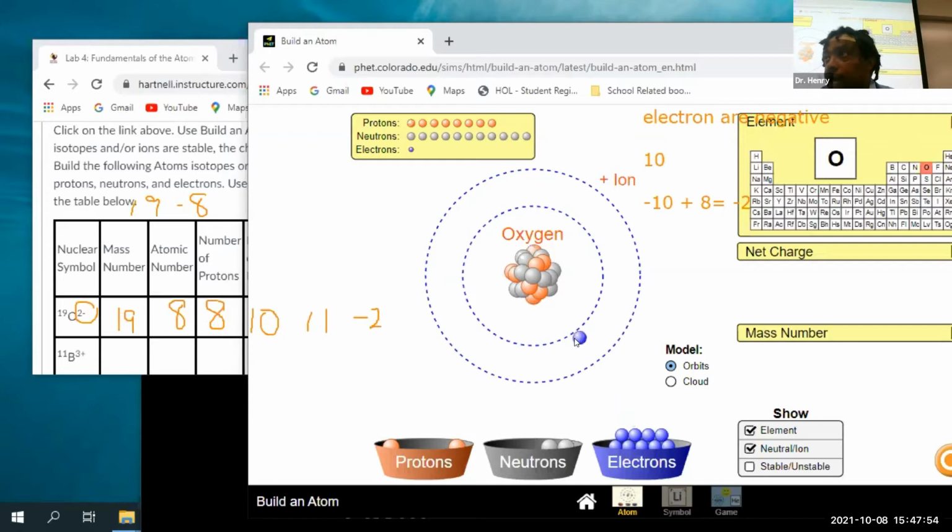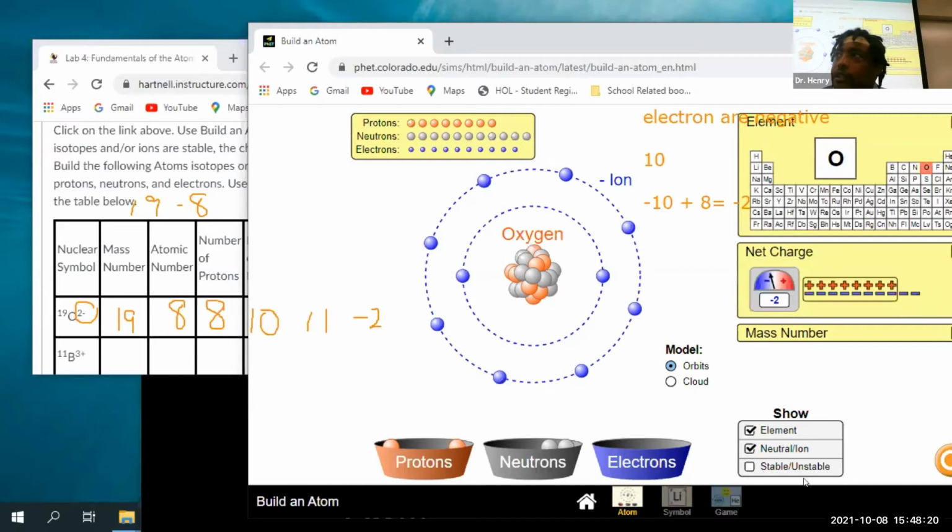And then we had 1, 2, 3, 4, 5, 6, 7, 8, 9, 10. Okay, so then that tells me it's a negative ion.